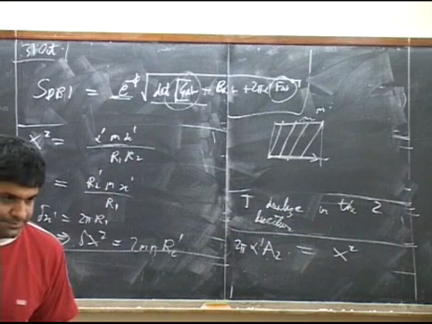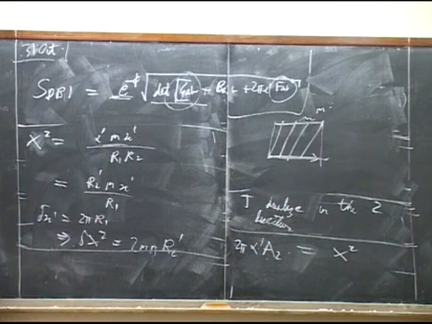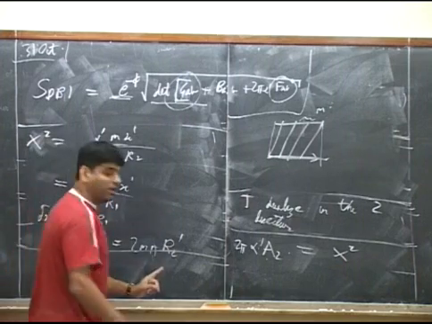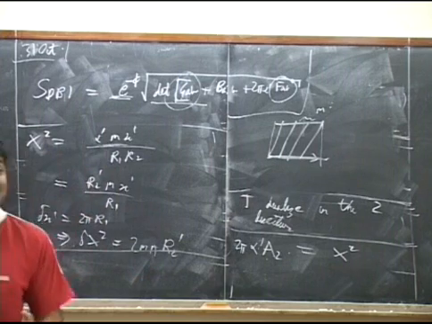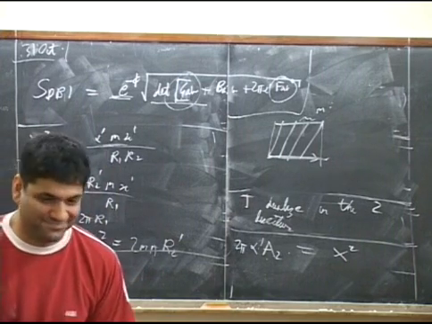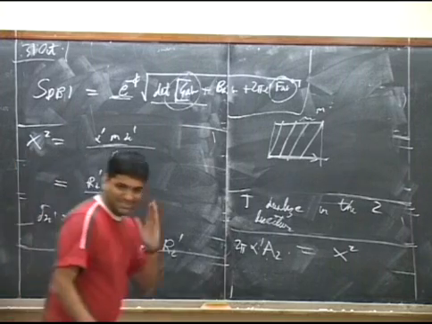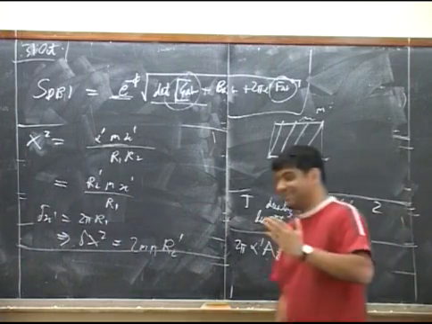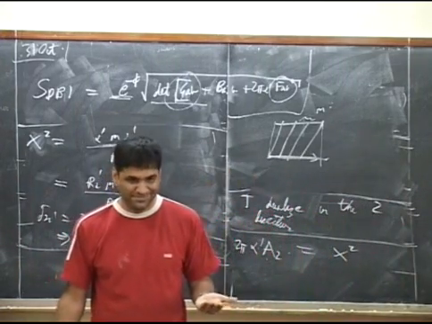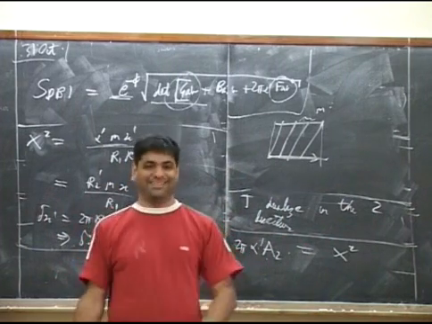Is this clear? Okay? Now that we know this, let's compute the energy of this configuration. This we can easily do because the energy of this configuration is simply the tension of the D brane times its length.